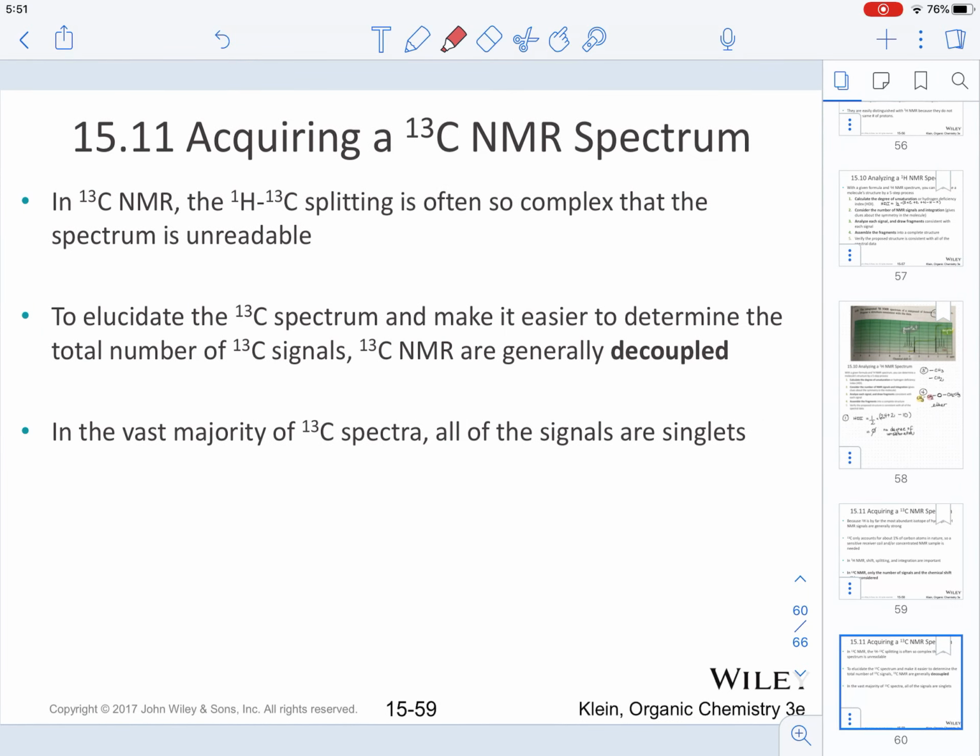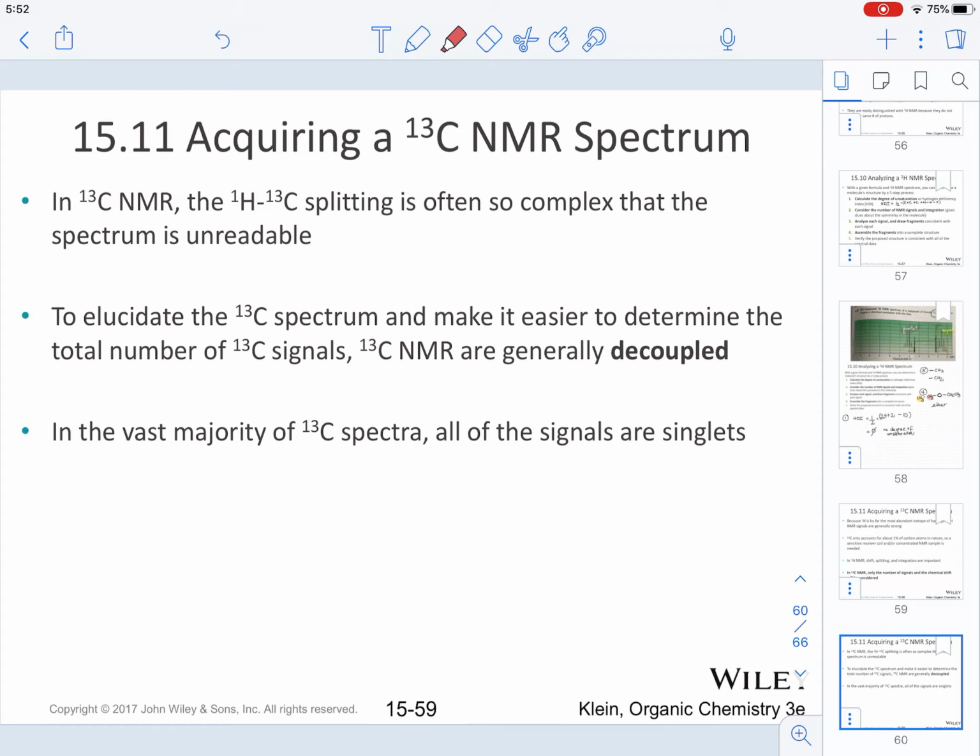In carbon NMR, the hydrogen and carbon 13 splitting is often so complex that it makes the spectrum unreadable. So when we are trying to utilize a carbon NMR to elucidate a structure, we are only going to be observing the total number of carbon-13 signals. And the carbon-13 NMR generally is decoupled.